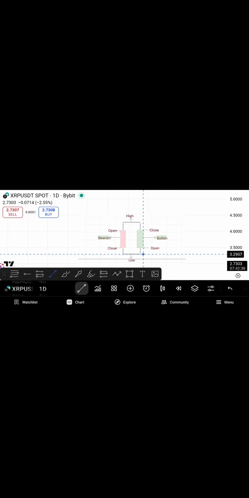At the top, when you see a higher wick, it means buyers took their price to here, so the price of buyers stops here at 4.3, right? Then sellers come and take this market variation back.